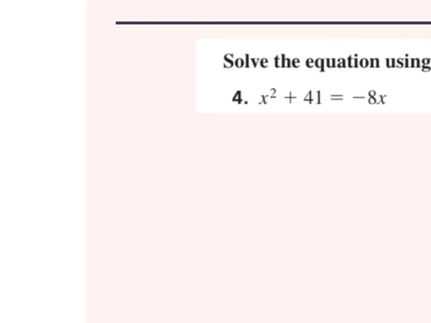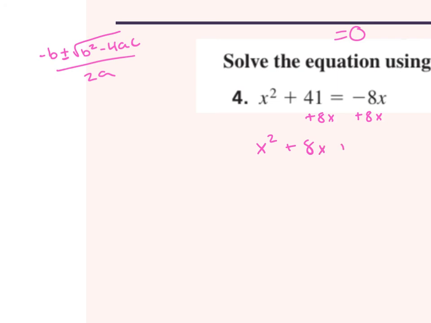So our quadratic formula is negative b plus or minus the square root of b squared minus 4ac over 2a. So now we need our equation to be equal to 0, so I'm going to add 8x to both sides. Got to keep this in the right order, so we have x squared plus 8x plus 41 is equal to 0.